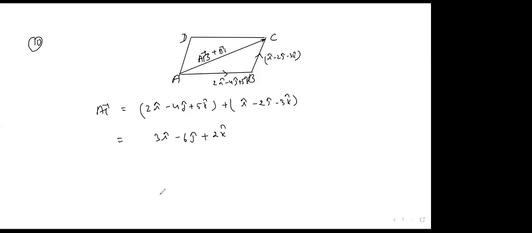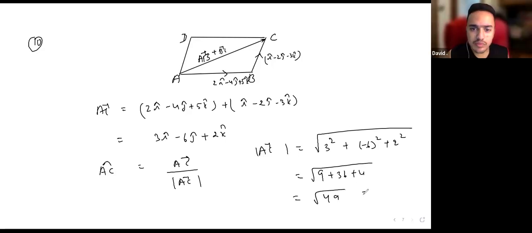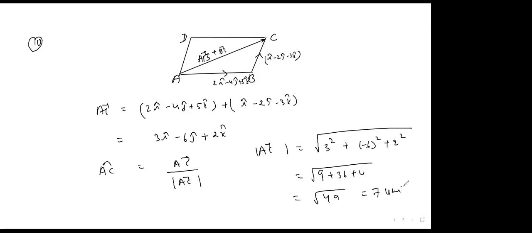And we need to find the unit vector parallel to the diagonal. So we will find AC cap equals AC vector divided by its magnitude. The magnitude of AC will be the square root of 3 square plus minus 6 square plus 2 square, that is 9 plus 36 plus 4, 49, and this is 7 units.